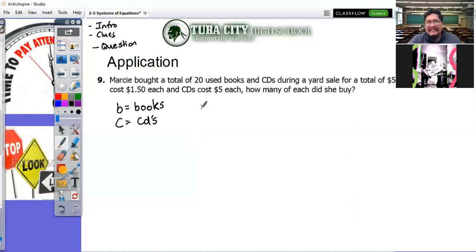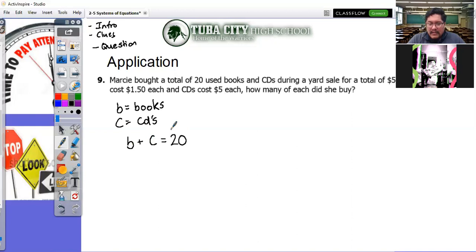So she bought 20 of these, and we don't know what combination it was. We could have 10 books and 10 CDs. We might have 15 books and 5 CDs. But the first thing is the number is 20 of them. Whatever combination, there has to be 20 of them. It could be 13 books and 7 CDs, right? And any of those combinations.